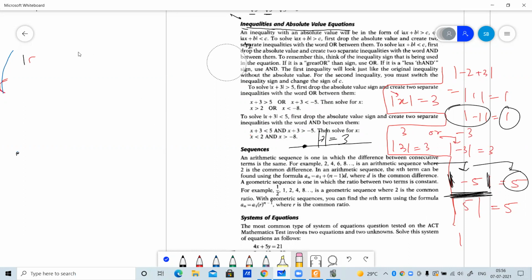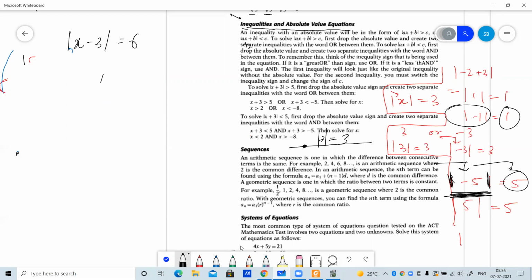Okay, absolute value of x minus 3 equals 6. Absolute value of x minus 3 equals 6, and you have to calculate the value of x as we were doing it in the equation.